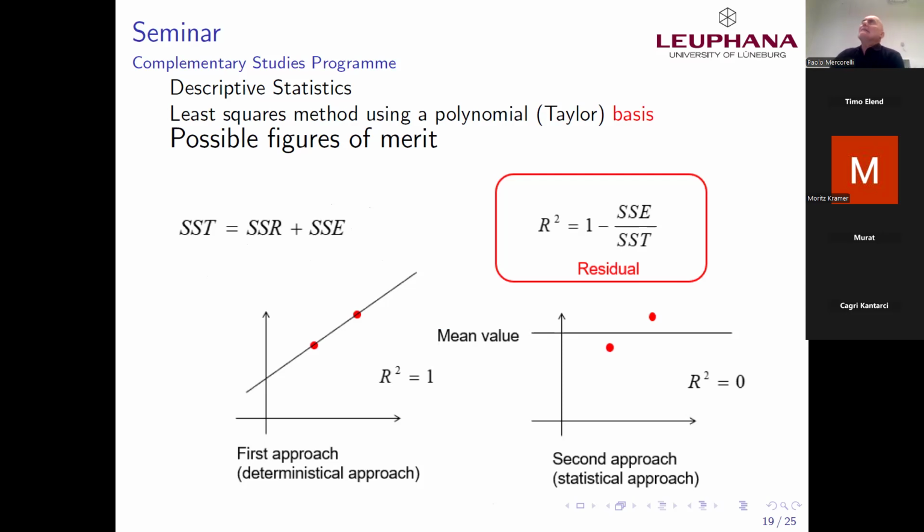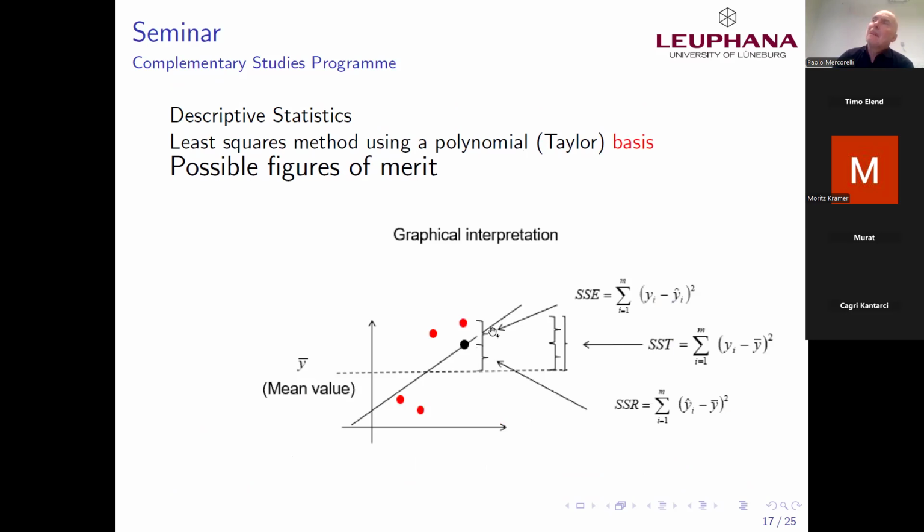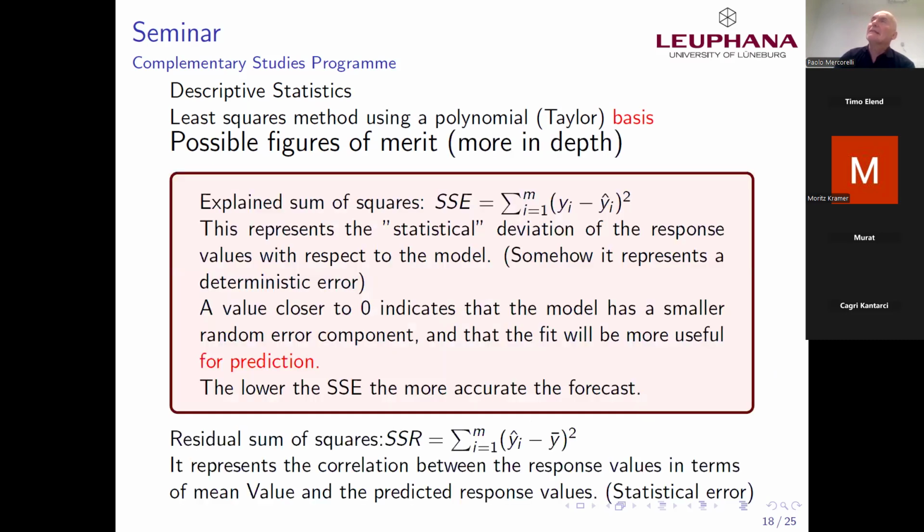But assuming that I can apply SST as we defined before, here is the variance, equals SSE plus SSR. This is valid for an infinite number of measurements.